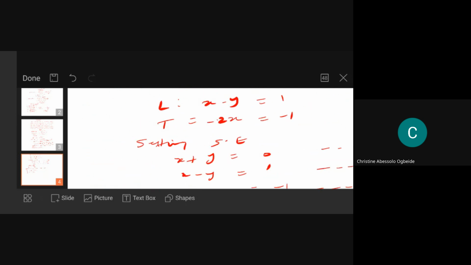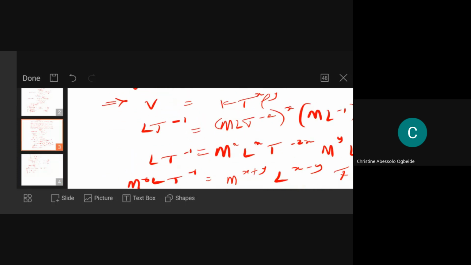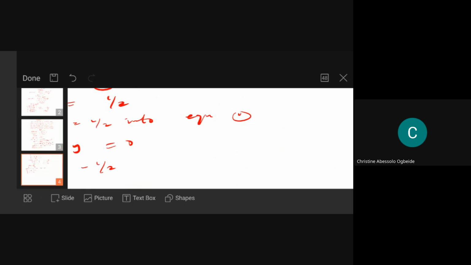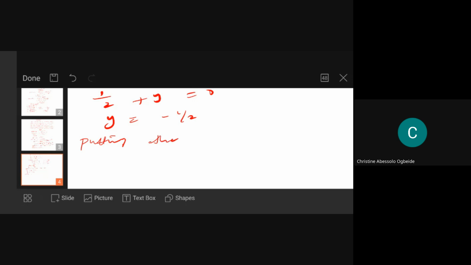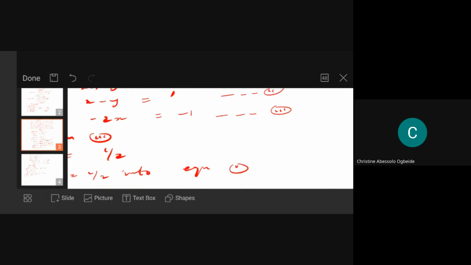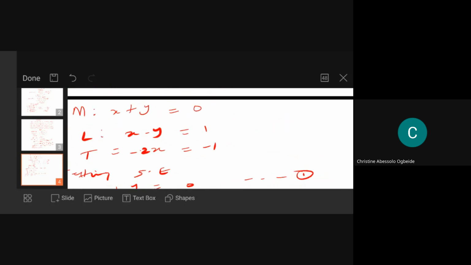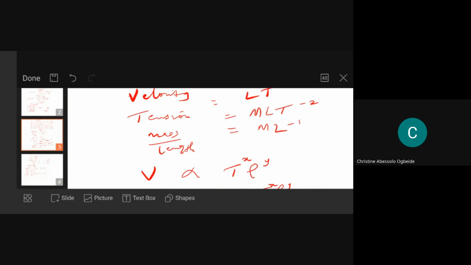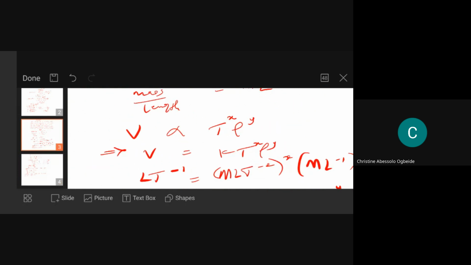So I'll simply go and put them back into that general equation where v is equal to k t raised to power x rho raised to power y. So having found my x and y, putting the value of x and y into, let's call that equation star.